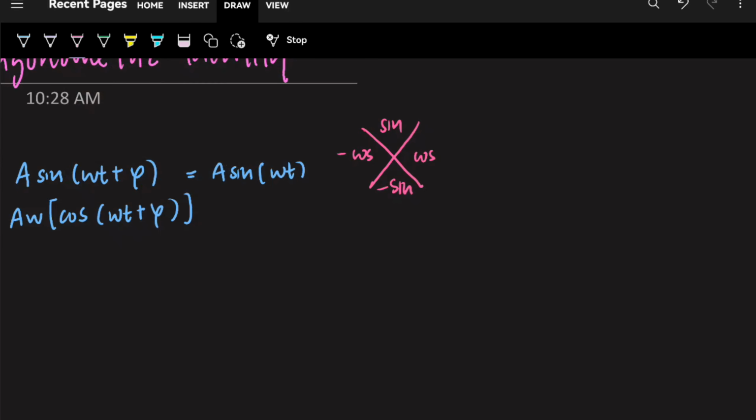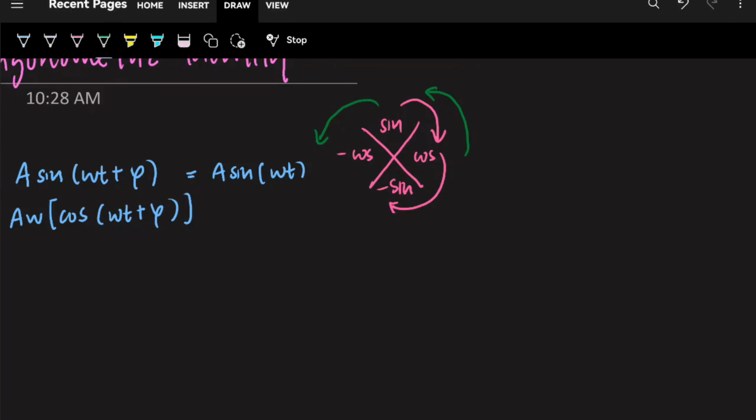So clockwise, differentiation: differentiate sine, cos. Differentiate cos, negative sine. If you want to know what happens when you integrate cos, you go the other way around. Integrate cos is sine, and integrate sine is negative cos. This is something that I used to memorize, and I hope this helps you.